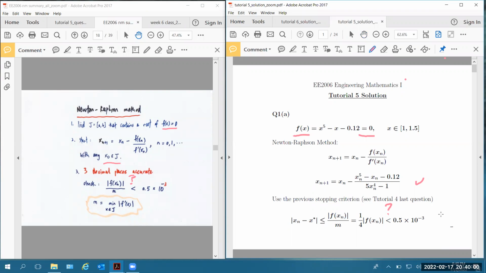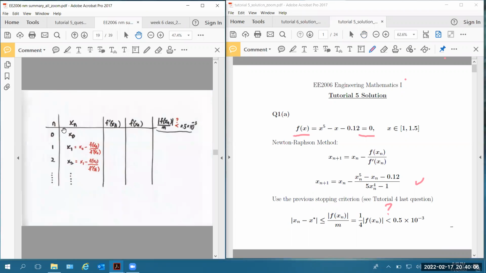Now we are going to tabulate our answer. Everybody can see my table on the left-hand side here. This is how we can tabulate for the Newton-Raphson method. We will have the n column, the xn column where we put down our calculations: x1, x2, and so on.